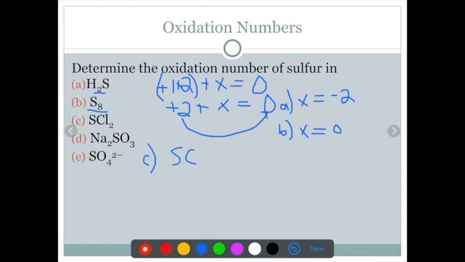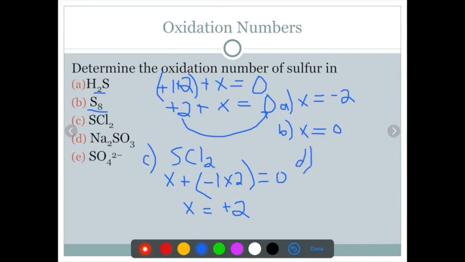We know that the halogens are negative 1 unless they're paired with fluorine or oxygen. So chlorine here is negative 1. We don't know what sulfur is. So negative 1, and there's 2 of them, so we times 2, and set that equal to 0. So here, x is equal to a positive 2. So sulfur is a positive 2.